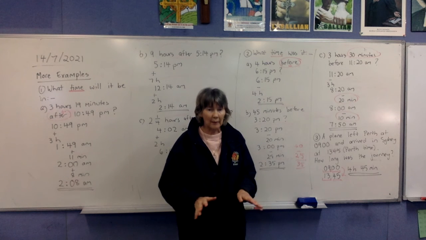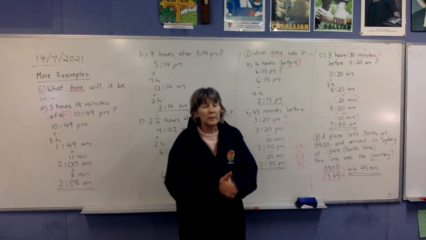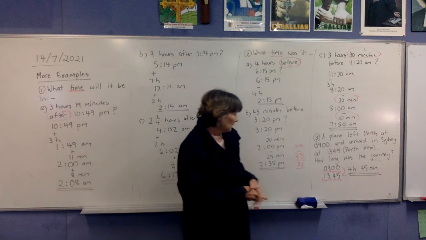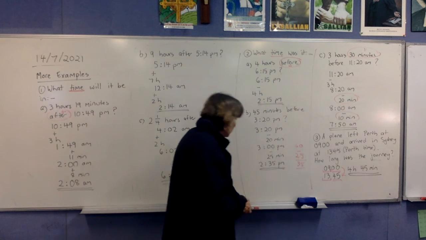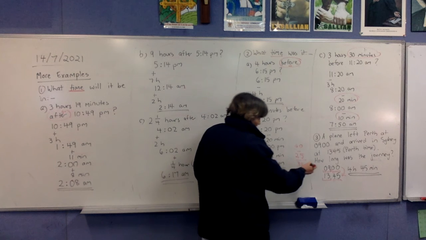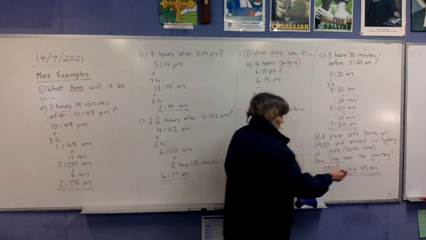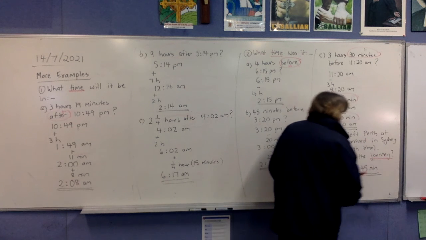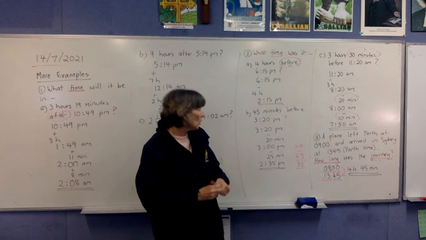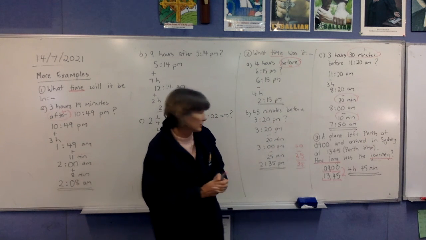We're not looking at that, okay? So we're going to pretend we're all on the same time zone. All we want to know is how long that journey took. How long did the journey take? All right, so we're pretending we're all on Perth time for this question.